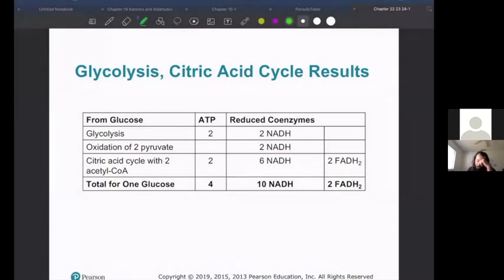At the end of all of these, per one molecule of glucose, we have 4 ATP that's been generated. We have 10 NADH and 2 FADH, right? And so again, this whole idea of the electron transport chain is to convert this into more ATP. That's what we care about, how much ATP we get.